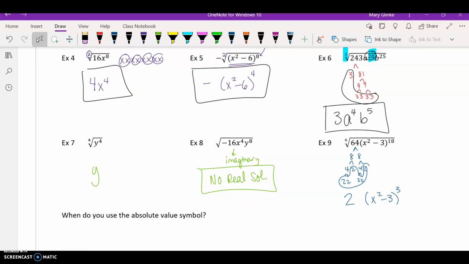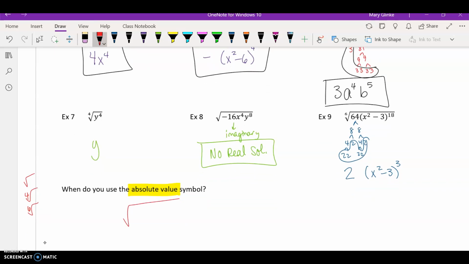Now I haven't circled my answers for example 7 and example 9, and it's because of this last question here. When do you use the absolute value symbol? Well, the problems that we had arose from the 4th root of negatives, the 6th root of negatives, the square root of negatives. So you're going to use the absolute value only when you have an even index, because otherwise we can take the cube root of a negative.